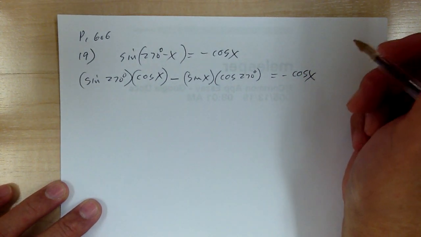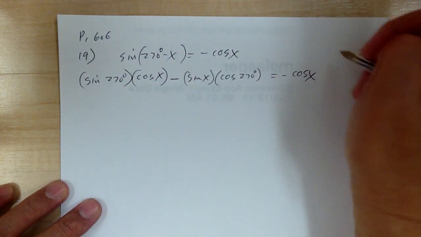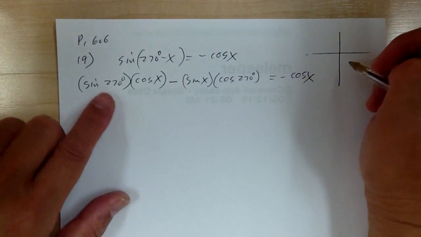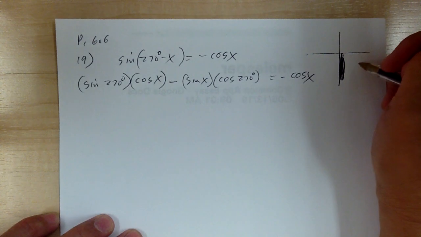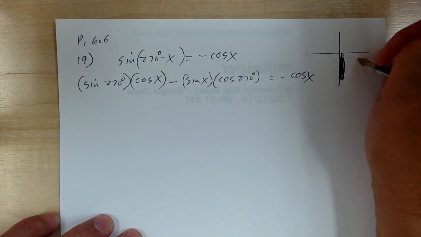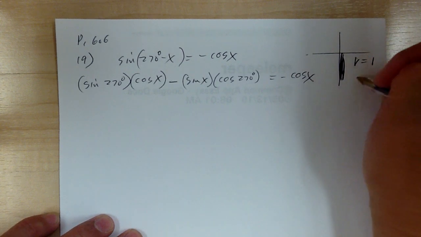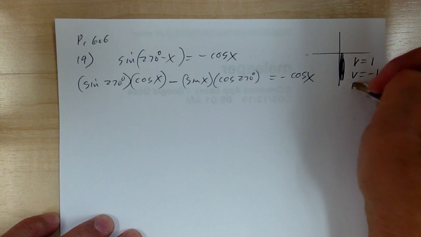Now your next step is to draw your triangle. In this case it's 270 degrees, so it's going to be right over here. Your hypotenuse, the radius, is equal to 1. Remember, hypotenuse is always positive. Your vertical is going to be -1 and your horizontal equal to 0.